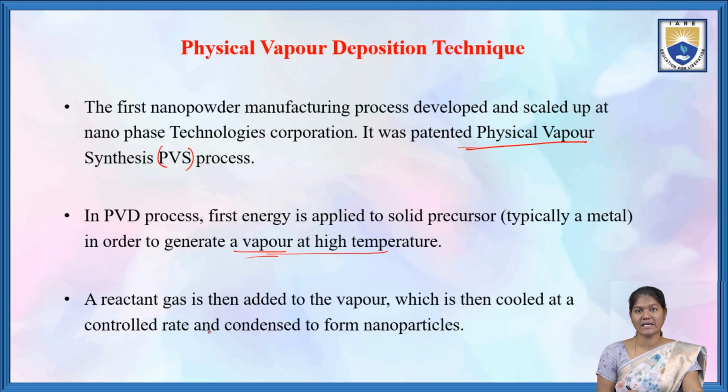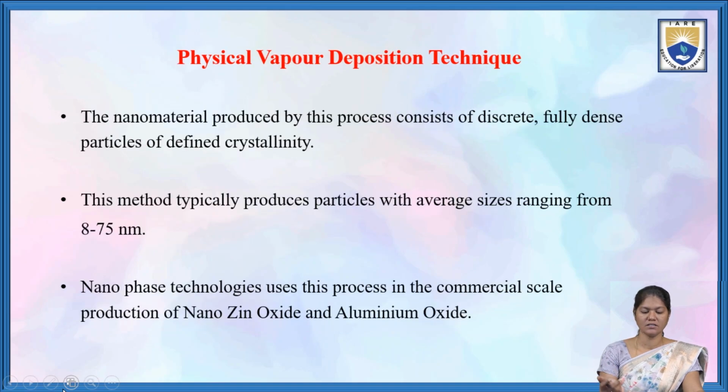So first energy is applied to the solid precursor in order to generate a vapor at high temperature. A reactant gas is then added to the vapor, and then it is cooled at a controlled rate and condensed to form nanoparticles. The nanomaterials produced by this process consist of discrete, fully dense particles of defined crystallinity.